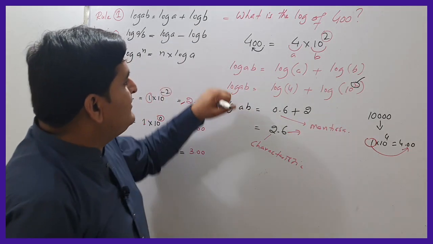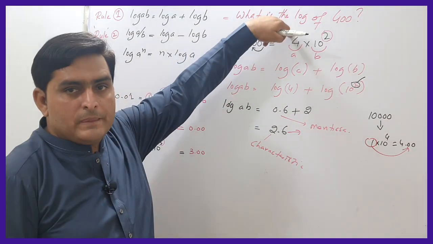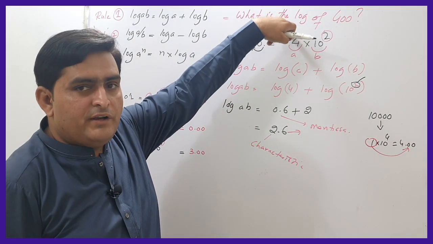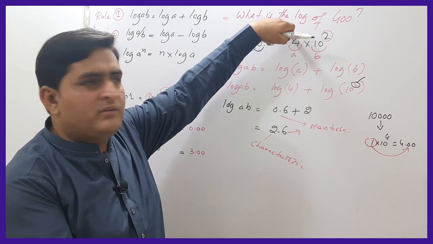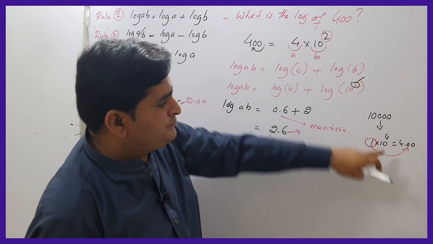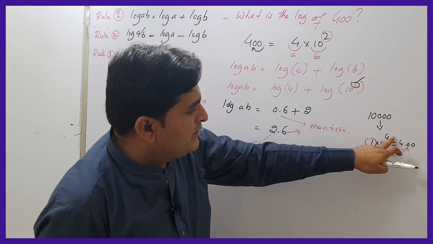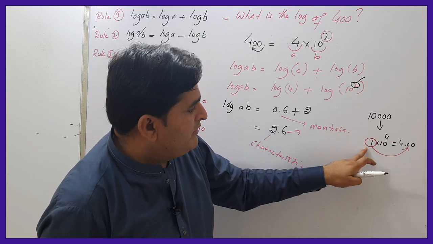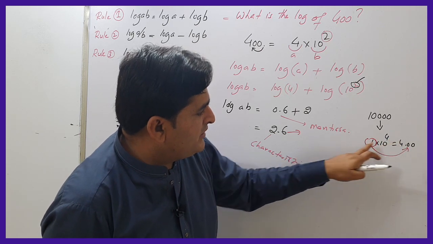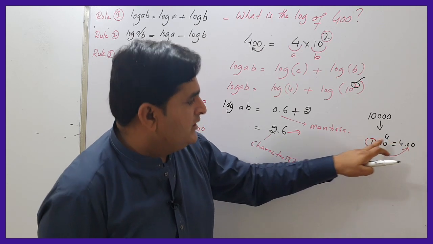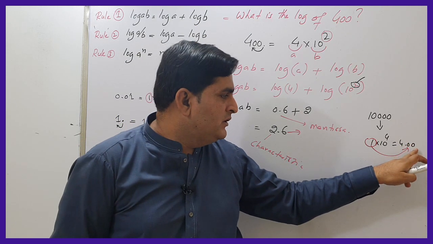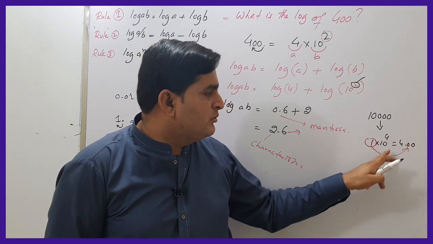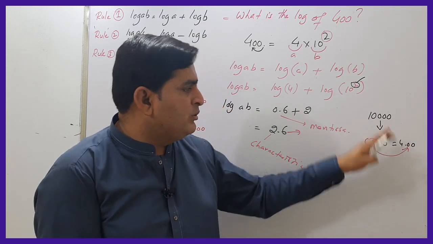If the coefficient is 1, the mantissa will be 0, and the logarithm will be equal to the characteristic. Here for 10,000, 1 into 10 to power 4, 4 is the characteristic, 1 is the coefficient, the logarithm of the coefficient is 0 as it is 1, so the whole logarithm will be equal to the characteristic.